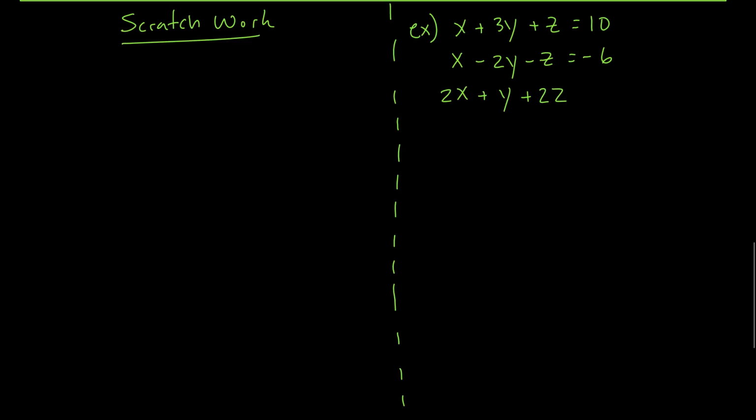All right, so our second example is x plus 3y plus z is equal to 10. X minus 2y minus z is equal to negative 6. And 2x plus y plus 2z is equal to 10.